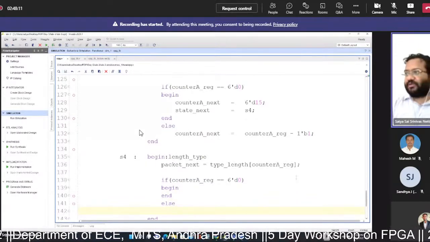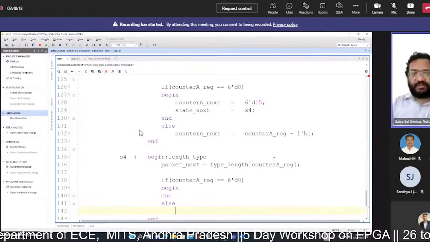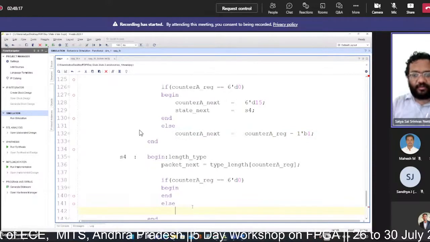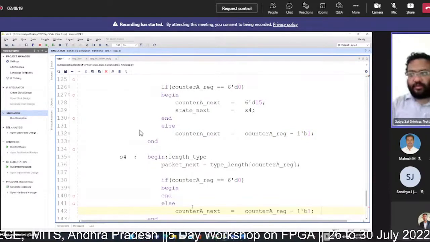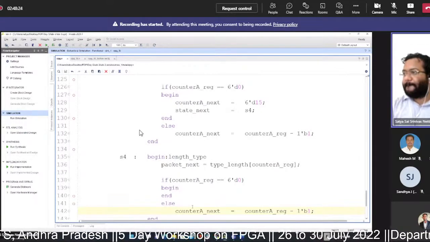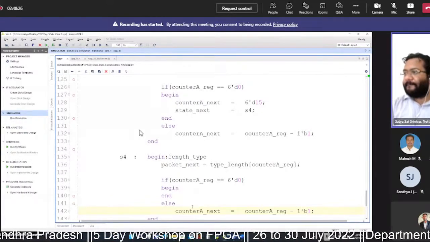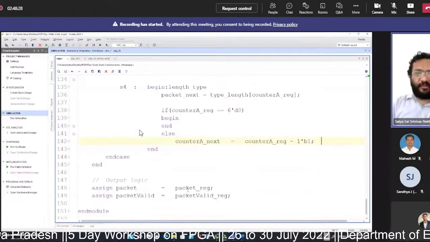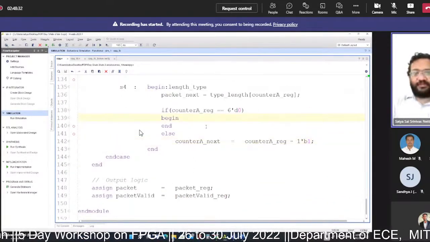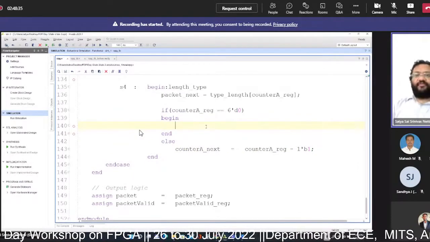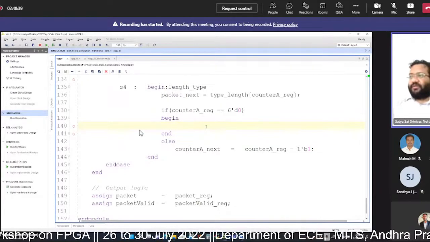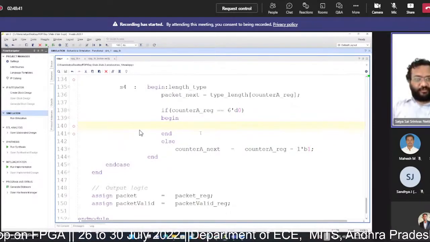Else I have to decrement my counter. Otherwise, when the counter reaches the maximum count value, I have to jump to the next state.